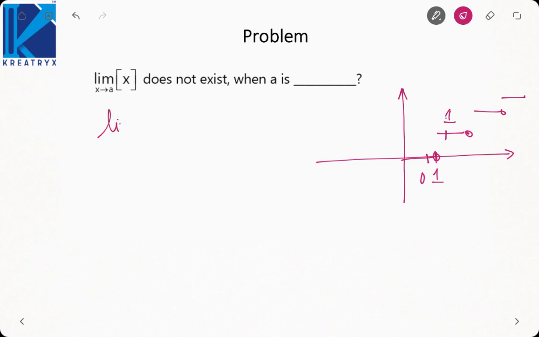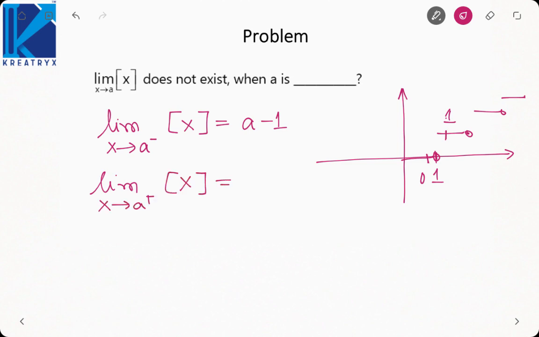If a is an integer, then the limit as x tends to a minus of GIF of x will be a − 1, since it is just less than a. What if it is greater than a? Since GIF yields the integer which is less than or equal to the given value but highest, it will be a. Here I am assuming a is an integer. As you can see, the left hand limit is not equal to the right hand limit, which means the limit does not exist.